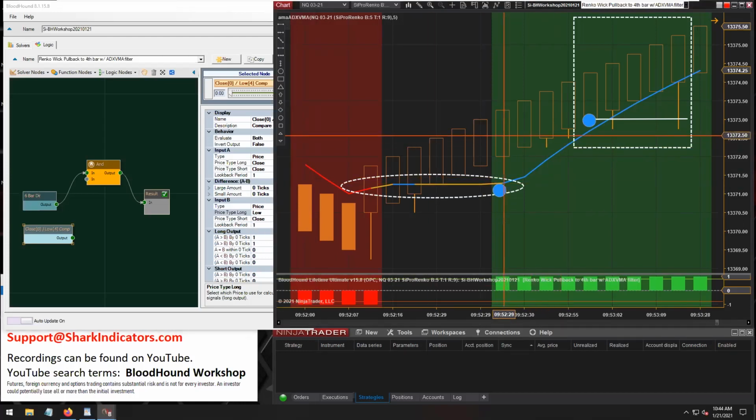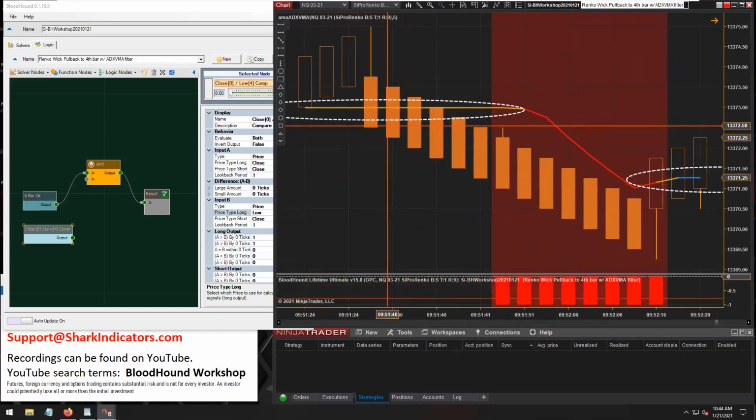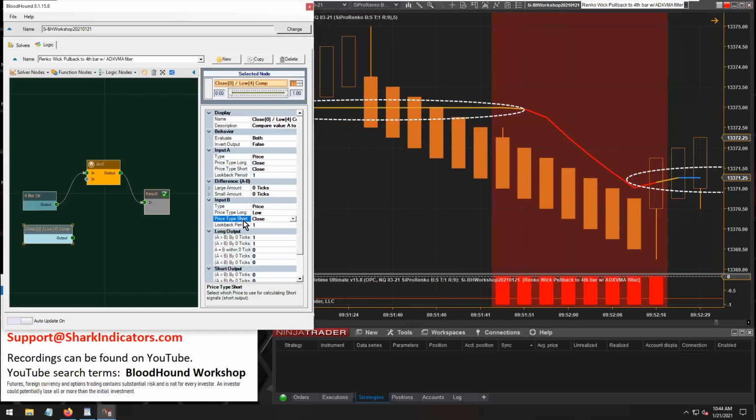If we're in an uptrend, we're going to be using the low of the bar, right? To generate a long signal during an uptrend, we're looking at the low of the bar. Now, if the Renko bars are in a downtrend, we're comparing the close of that bar to the high of the bar. So for a short signal, we would be using the high of the bar. So hopefully that makes sense there.